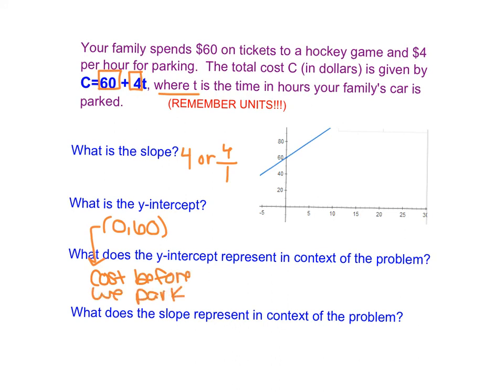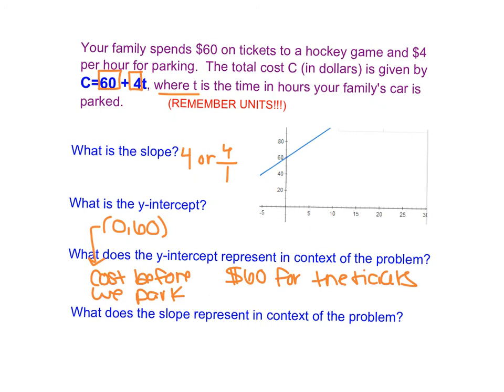So essentially this is our constant cost. We're going to have to pay $60 for the tickets. So at time 0, before we've actually started paying for parking, we're going to pay $60 up front just to go to the hockey game. So that's what that y-intercept represents.